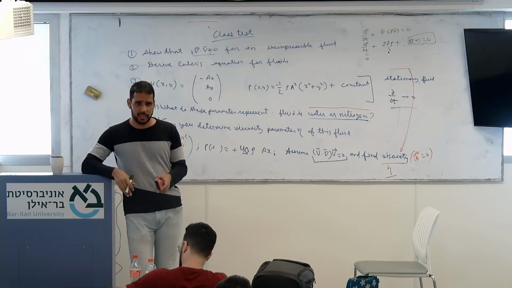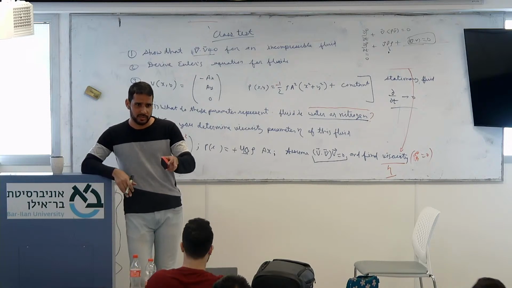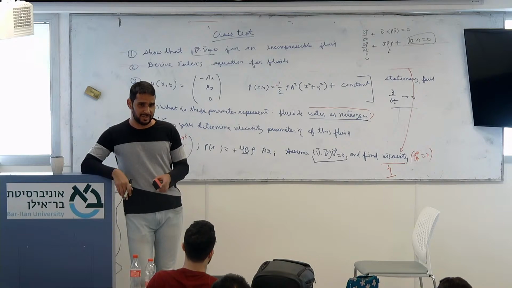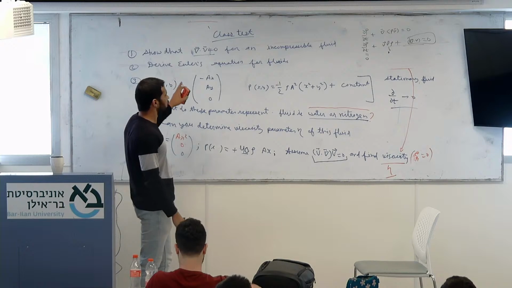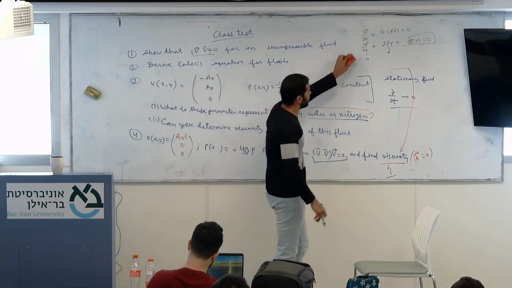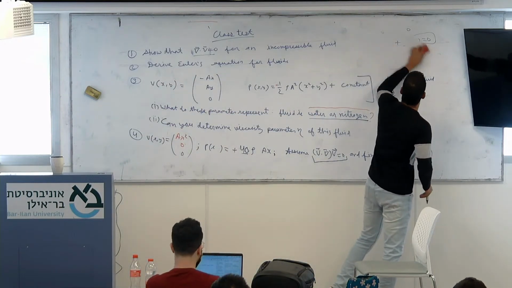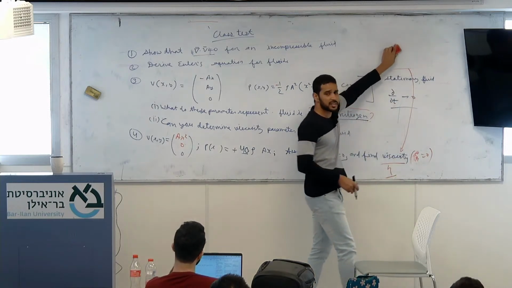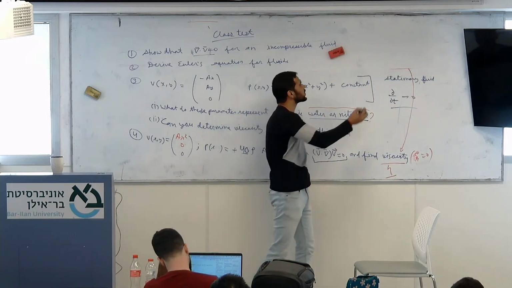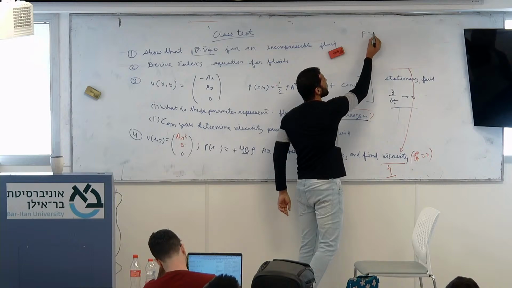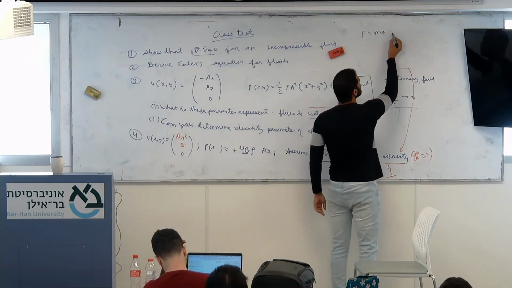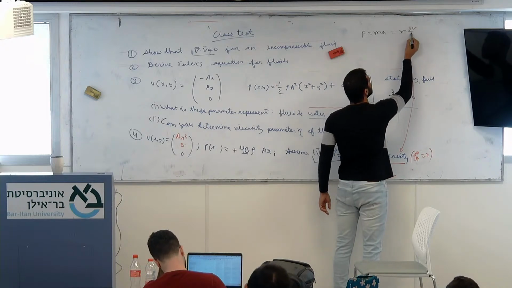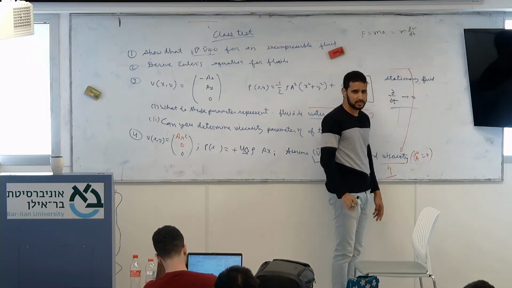If you are sleeping at night and somebody tells you to do this, you should do it in your sleep. Some people were stuck on the Euler equation as well, which is a bit surprising to me. The Euler equation is nothing but Newton's equation, F equals ma, which is m dv/dt.